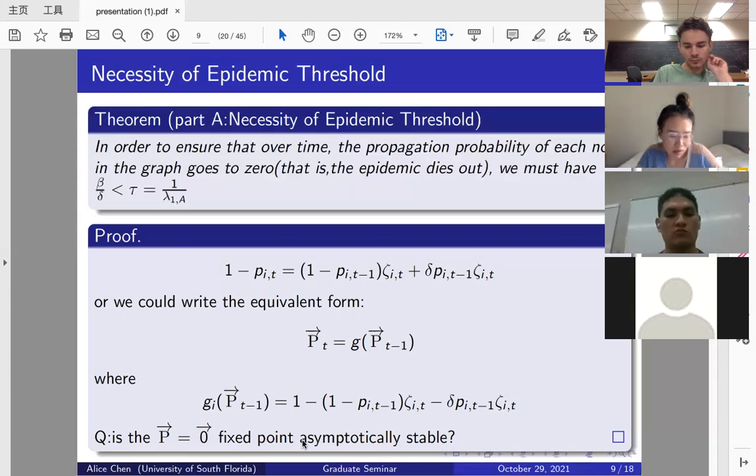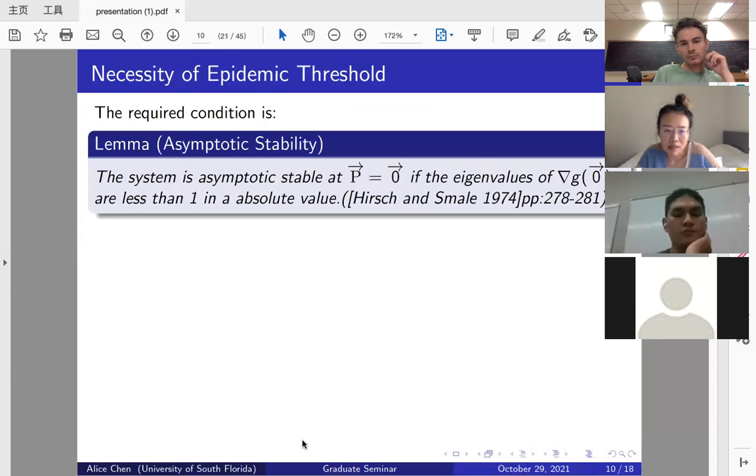We're going to use dynamic system theory. Here's a lemma. The system is asymptotically stable at p equals 0 if the absolute values of the eigenvalues of this gradient G0 are less than or equal to 1.